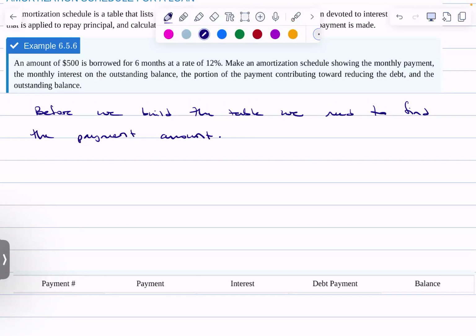And so we can say P times 1 plus R over N to the N times T is M times 1 plus R over N to the N times T minus 1 over R over N. So we have our principal amount of $500, and we need to figure out what the payment M is.